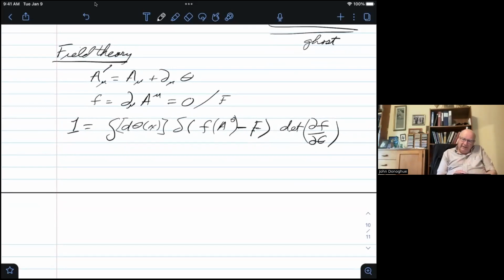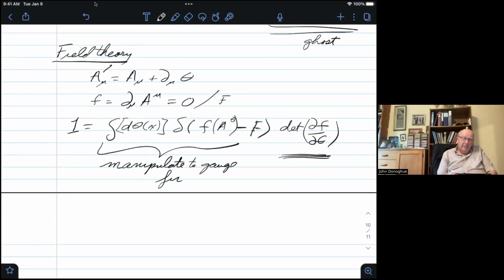Given the time, let me focus only on the determinant part. This part, with some manipulation, turns into the gauge fixing. And I guess perhaps I should promise to write out those steps for you before I post the notes.